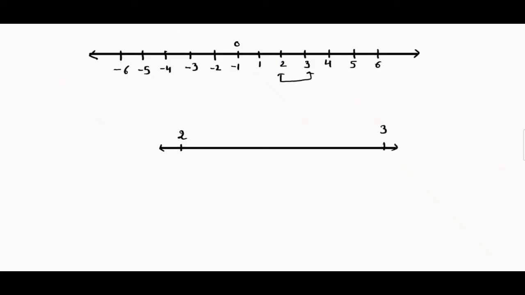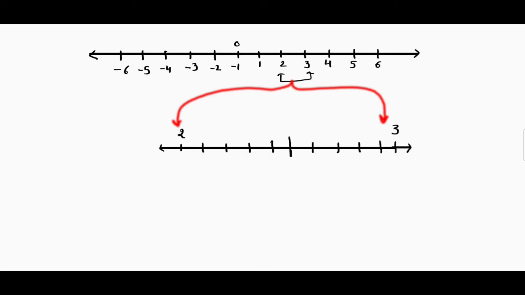Then I will divide this portion between 2 and 3 into 10 equal parts, such that these points are 2.1, 2.2, 2.3, 2.4, 2.5, 2.6, 2.7, 2.8, 2.9 and 3. So see, my number is 2.665, correct? So this number must be between 2.6 and 2.7.